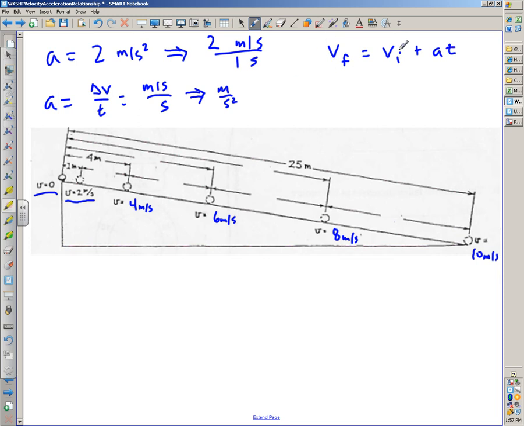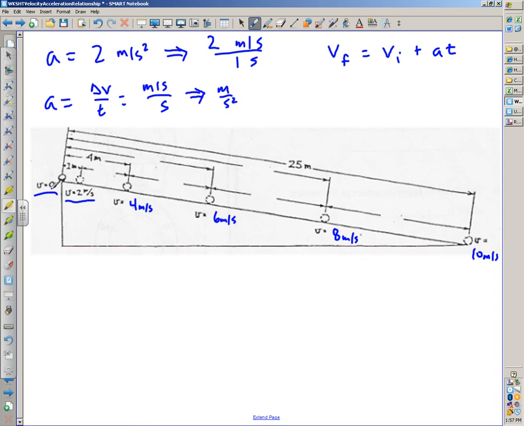VF equals VI plus A times T, where VF represents the final velocity of that object, VI represents the initial velocity of that object, A represents the acceleration, and T represents the time. Now, in our graph here, we have a very specific situation.